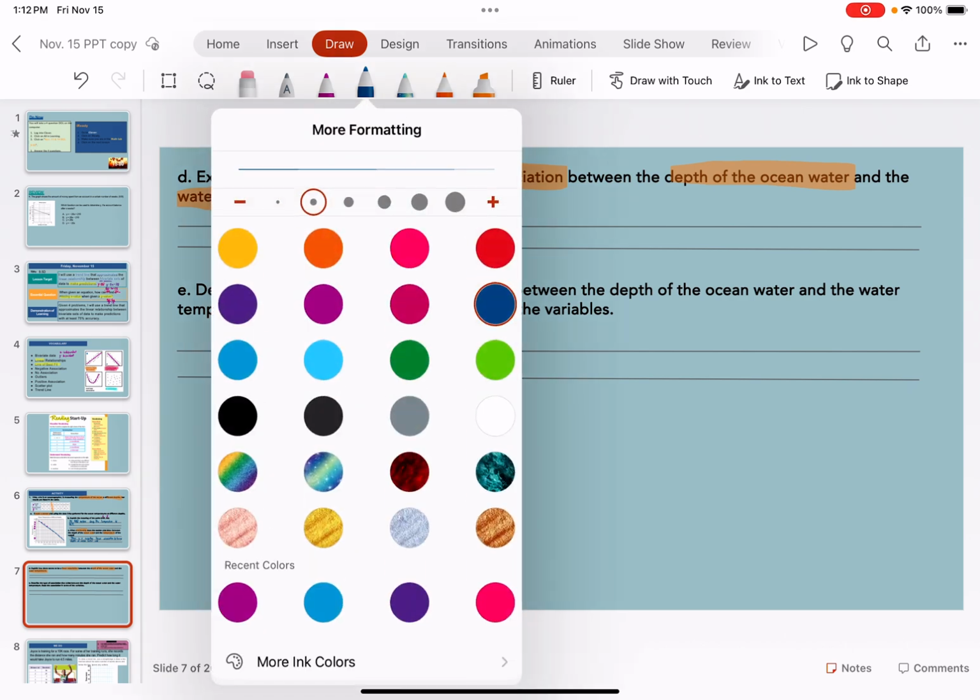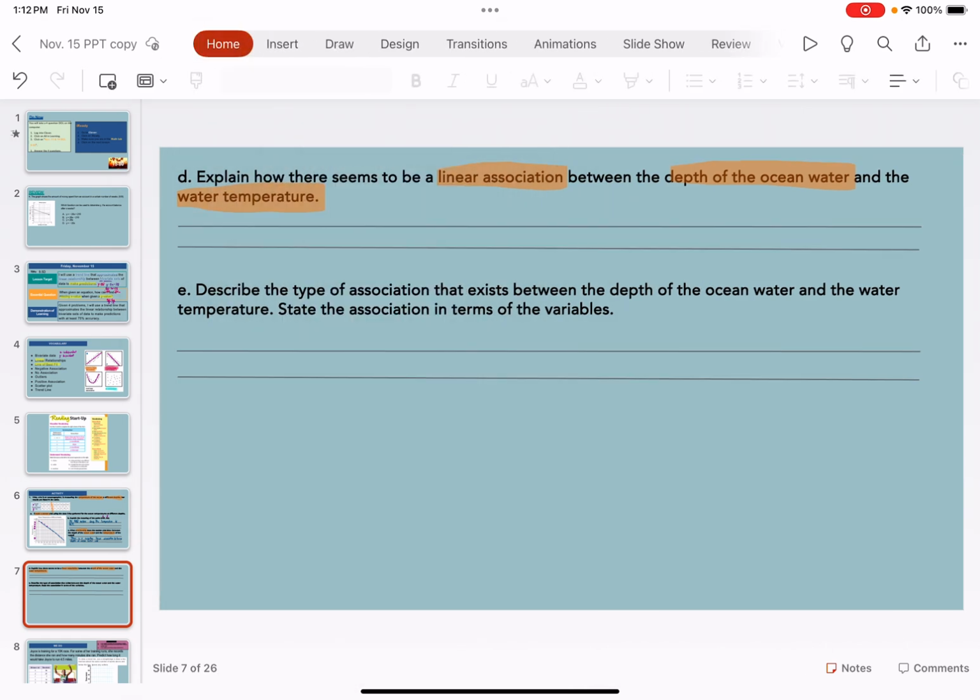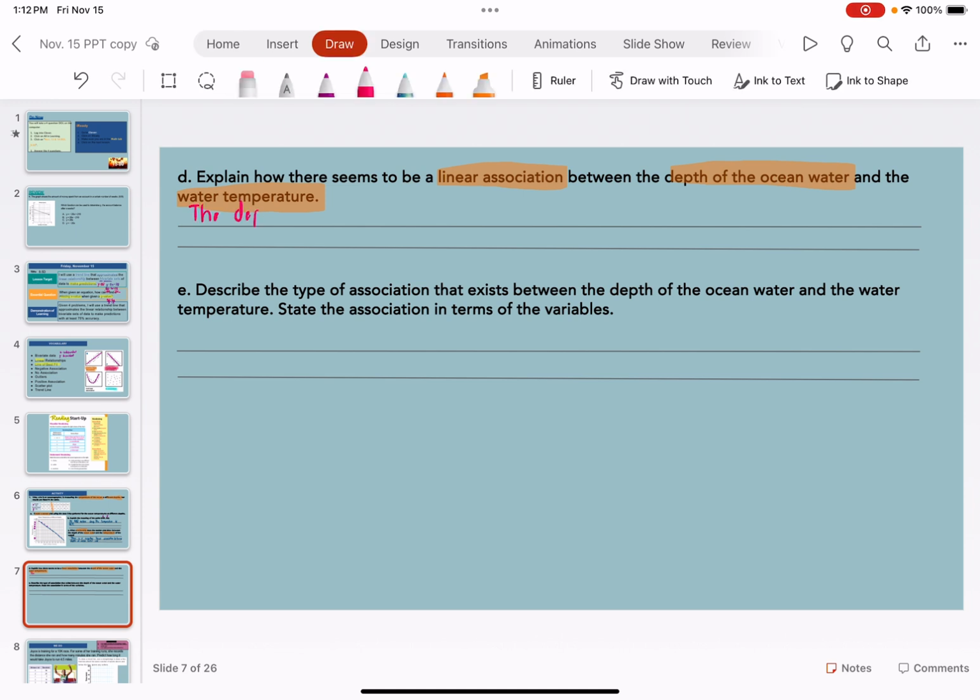So we're going to say, being more specific, the depth of the ocean water has a negative linear association with the water temperature.